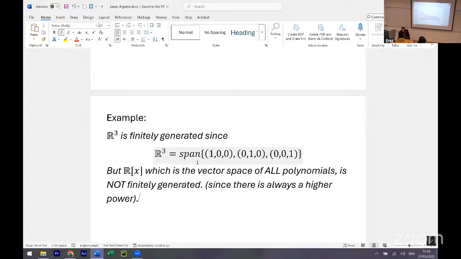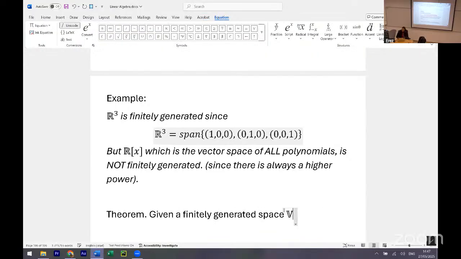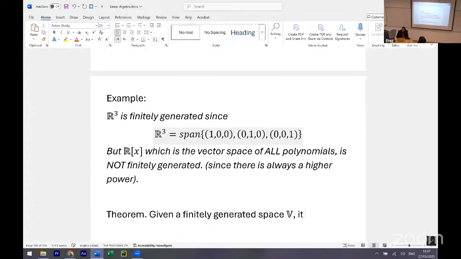And my next theorem is: given a finitely generated space V, it must have a basis, and it must have a finite basis and therefore a dimension.